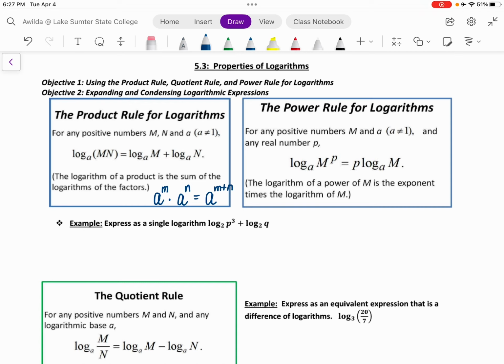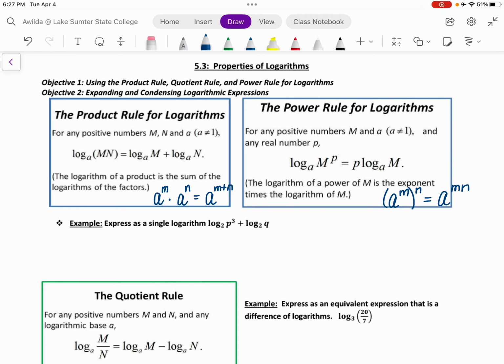This is related to the following property of exponents. When we raise a power, such as a to the m, to another power, such as to the nth power, this becomes a to the m times n power. So here we multiply the exponents.